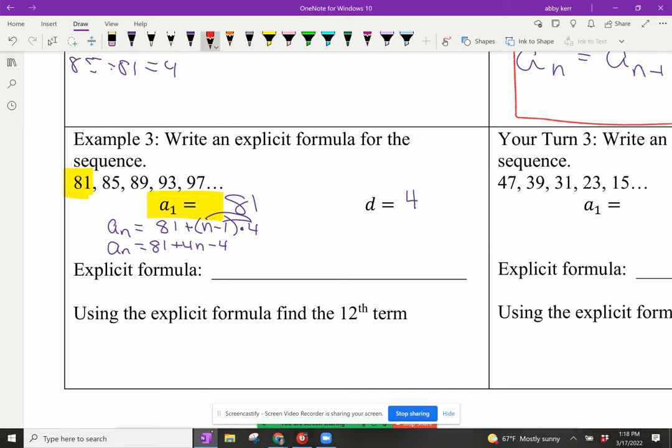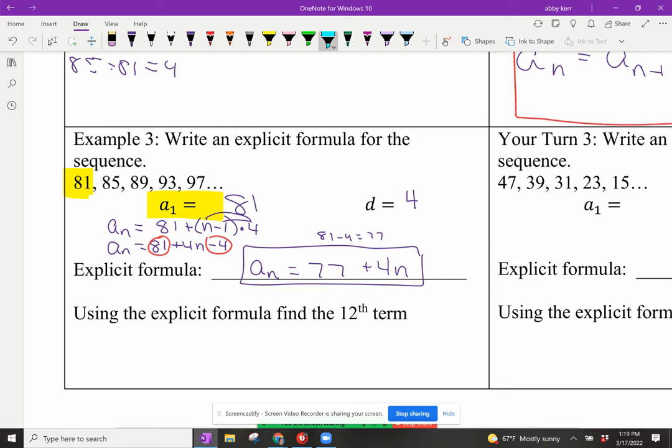And then something that we haven't done in a few weeks, we have to combine like terms. So when we combine like terms, remember 81 minus 4 is going to be 77. We write the 77 and then bring down the 4n. So that's the explicit.